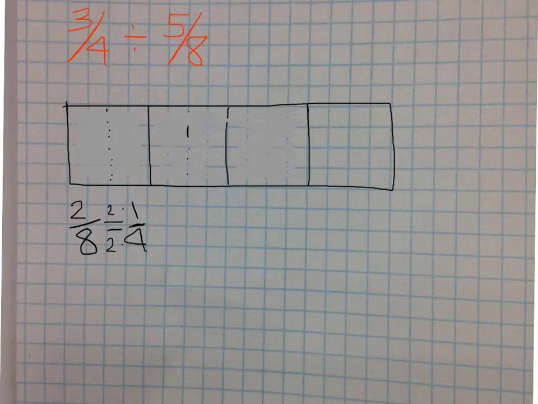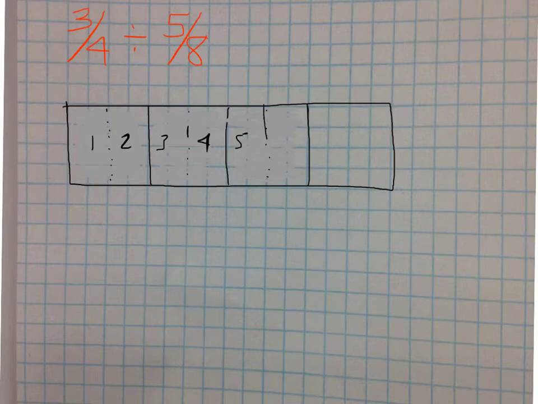So let's go ahead and show those eighths. All right. Now, let's get this out of the way. And remember, I want to see how many groups of 5/8 I can make out of the 3/4 that I have. So there's 1, 2, 3, 4, 5/8. So there's one group. I can get one group of 5/8, and then I have this little 1/8 left over.